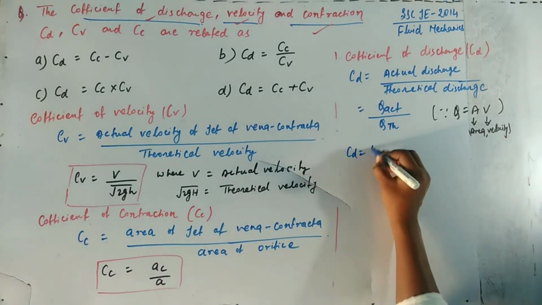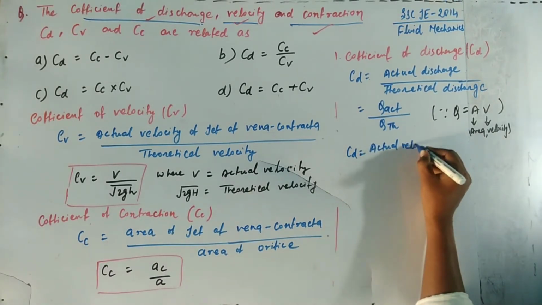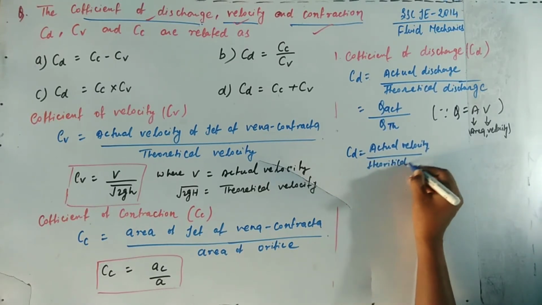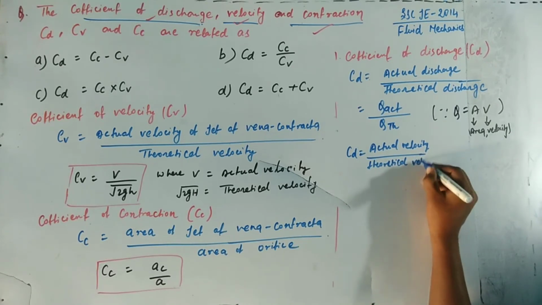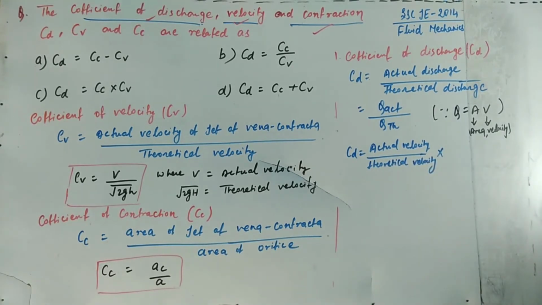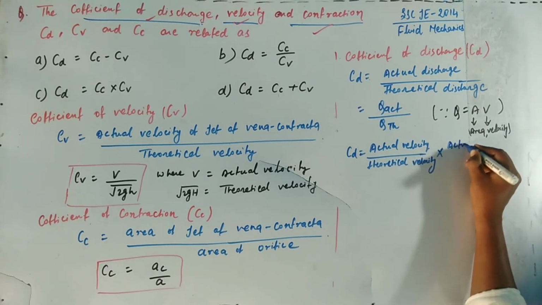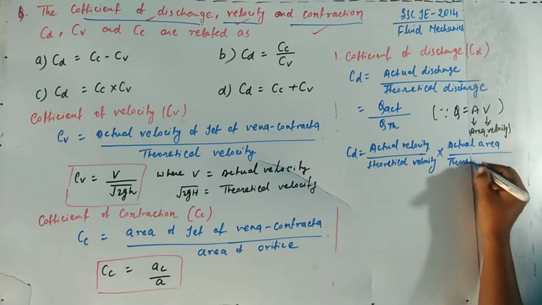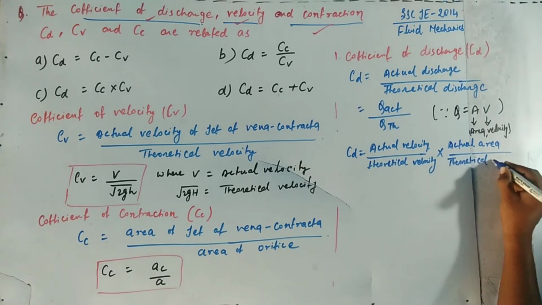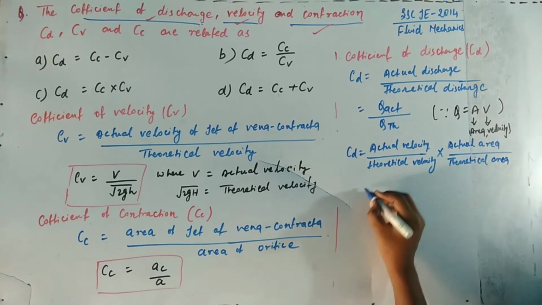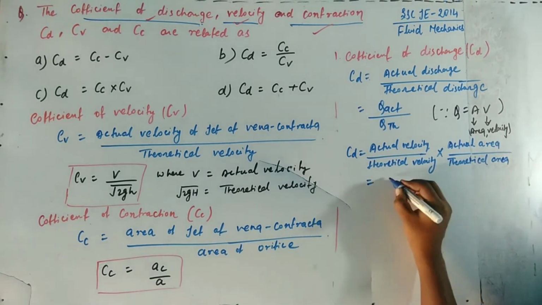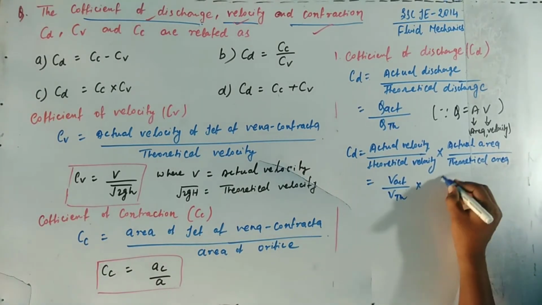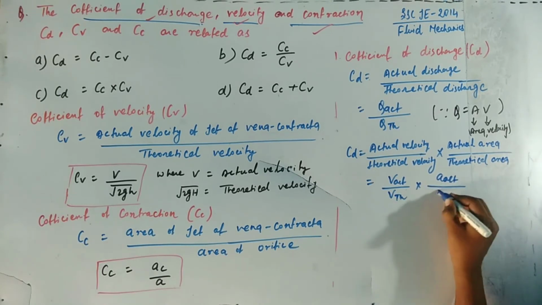So here, CD we can write in another form: CD equals actual velocity by theoretical velocity into actual area by theoretical area, or CD equals V actual by V theoretical into A actual by A theoretical.